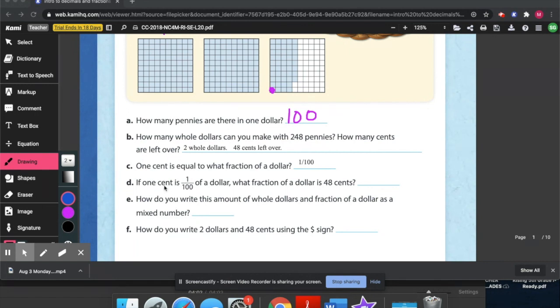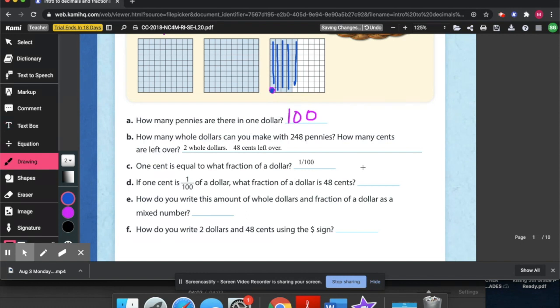If 1 cent is 1/100th of a dollar, what fraction of a dollar is 48 cents? I'm going to look back at this model they gave us, and we already put in a little squiggly to represent 1 cent out of an entire dollar. But now we need to look at the rest of these shaded in squares. We've already counted them and we got 48. So we know our fraction is going to have 48 in the numerator, because that's not the total amount of cents that make a dollar.